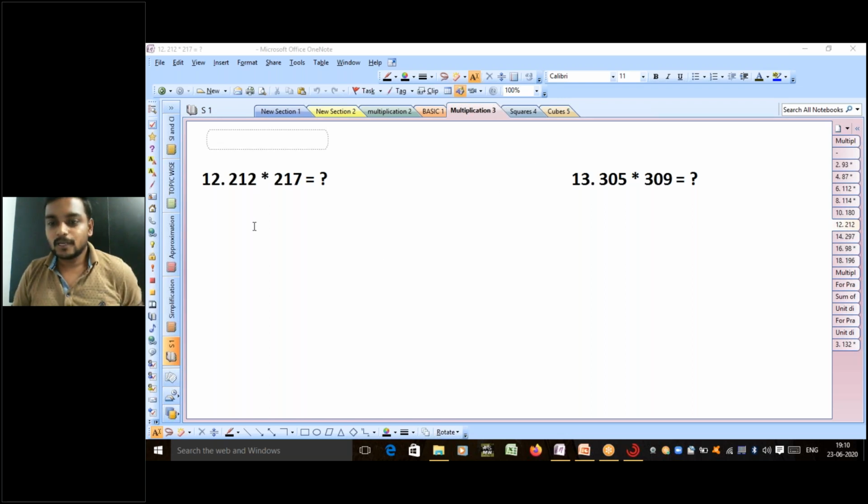212 multiply with 217. Just observe the number. How much we have to take as base for that number so that the simplification will be easier. From 200 it is 12 more. It is 17 more. 17 into 12 is equal to 204.